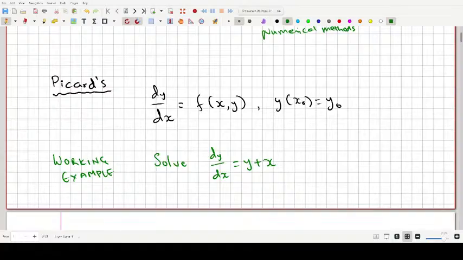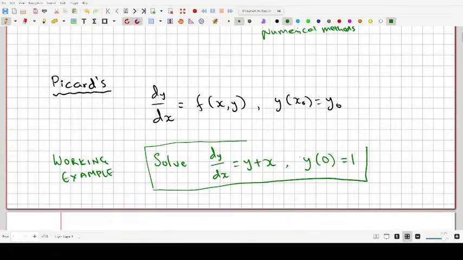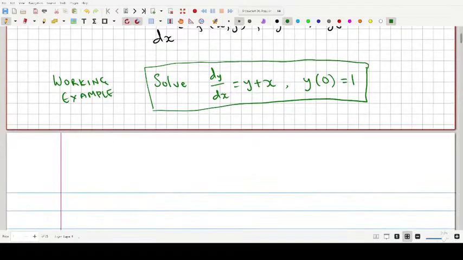But if we are to solve this problem using numerical methods, and specifically Picard's method, we shall definitely require an initial value. So let us say that when x is equal to 0, the y value is 1. So this is how the question is going to be posed in front of you, maybe in an examination setting or an assessment setting or later sometime.